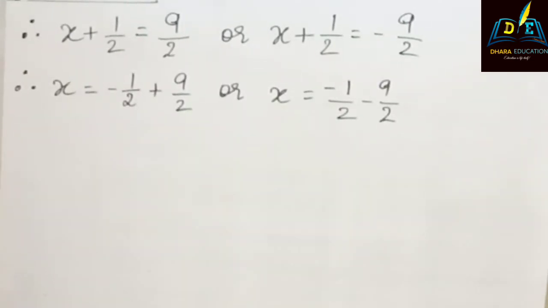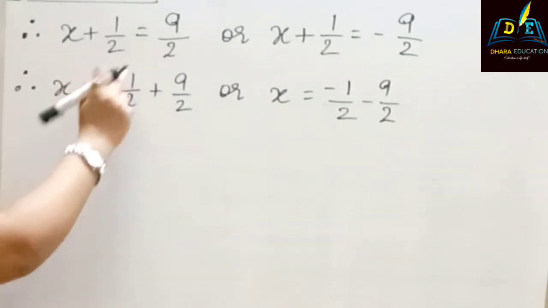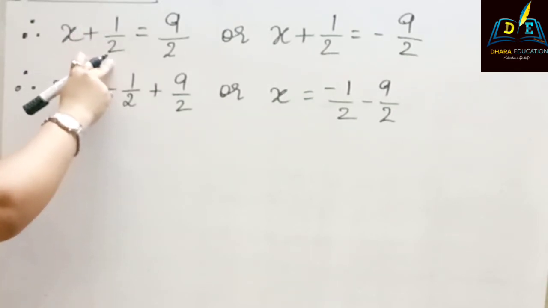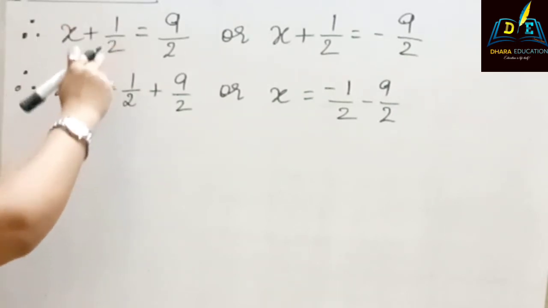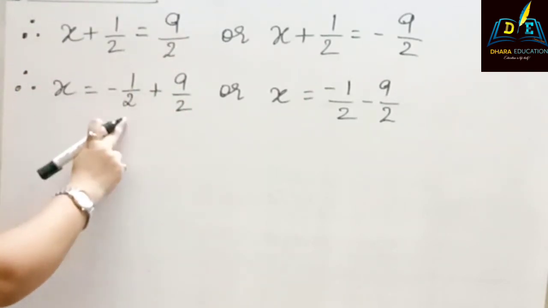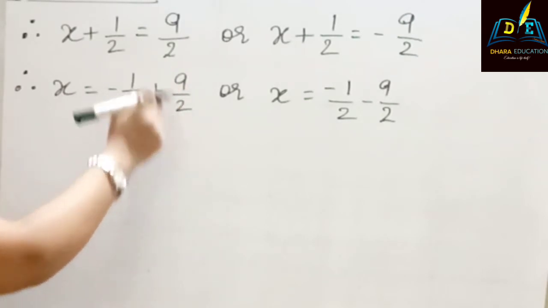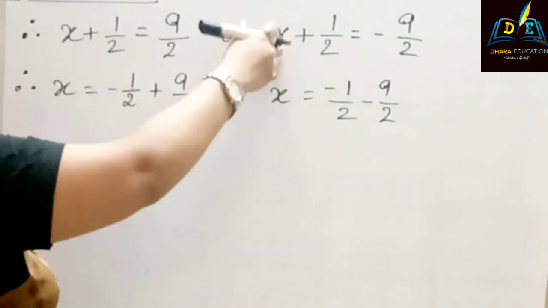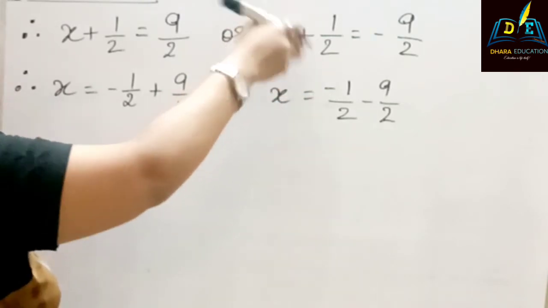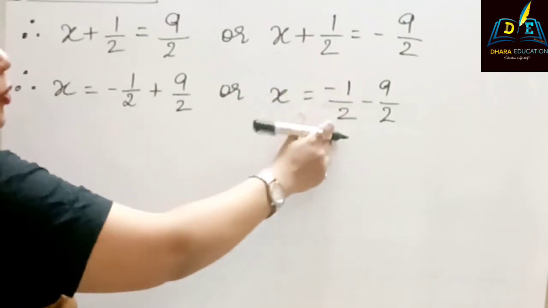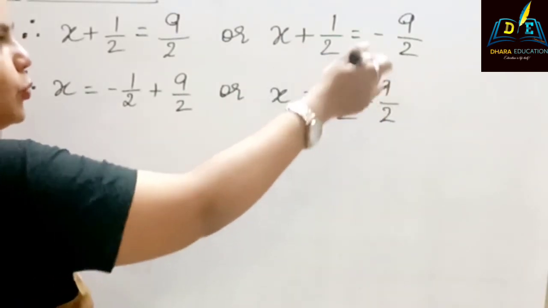So now students, x is equal to minus 1 upon 2 because I have changed 1 upon 2's position. By sending 1 upon 2 to the right hand side, I will get minus 1 upon 2 plus 9 upon 2 because it is already in the plus sign. On the other hand, if I send plus 1 upon 2 to the right hand side, I will get minus 1 upon 2 minus 9 upon 2 as it is.